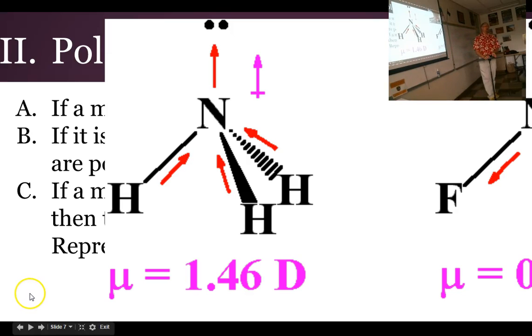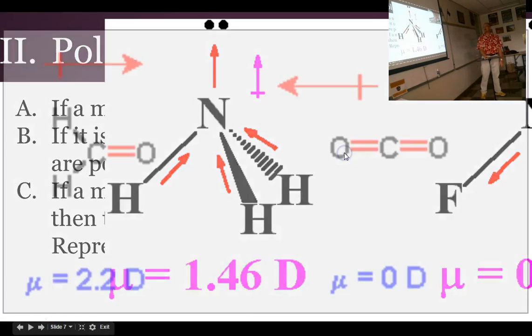No, mu like the Greek letter M. And then I think in sliding things around, I lost my example over here, but this is another example where the fluorine pulls harder than the nitrogen does. So even though nitrogen is pulling against hydrogens, if there's a fluorine present, it pulls this way, so the charge is a different direction. It's still polar, but it affects our value for mu.